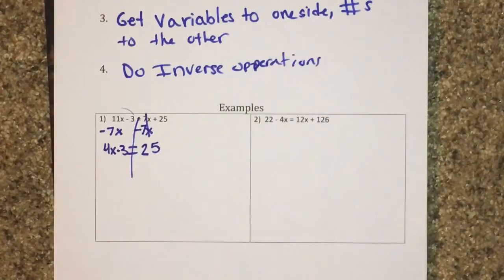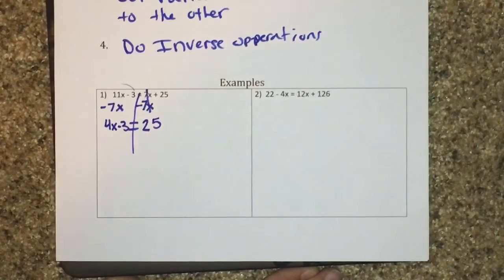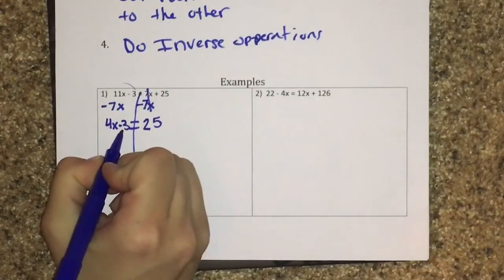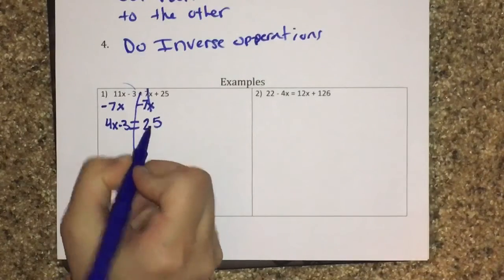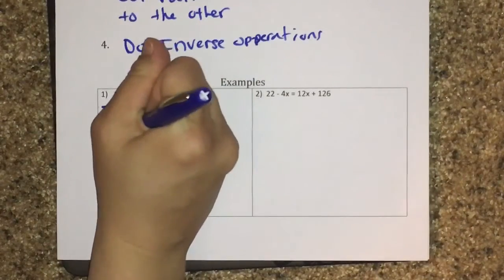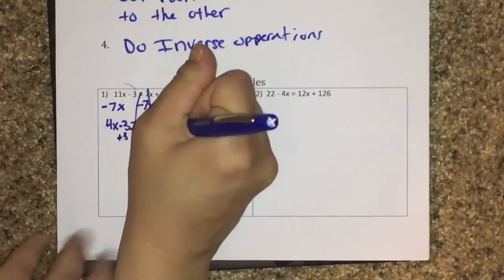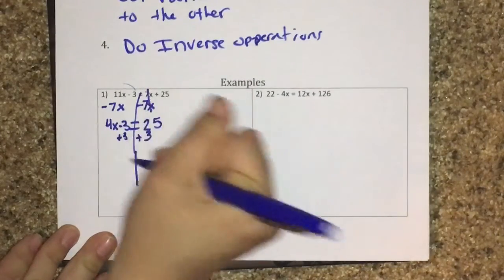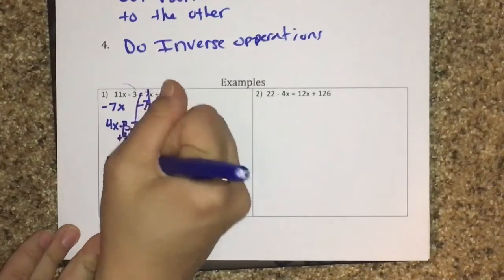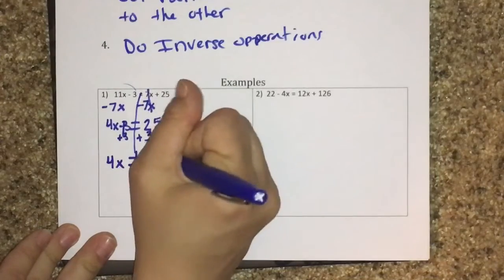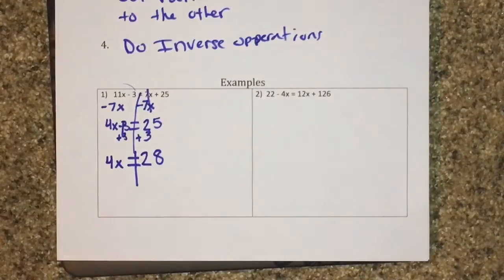Our next step is to get all of the numbers, or the constants, to the other side. In this case, negative 3, in order to get that to 25, since it's a negative, we can add it. And we get 4x equals 28.